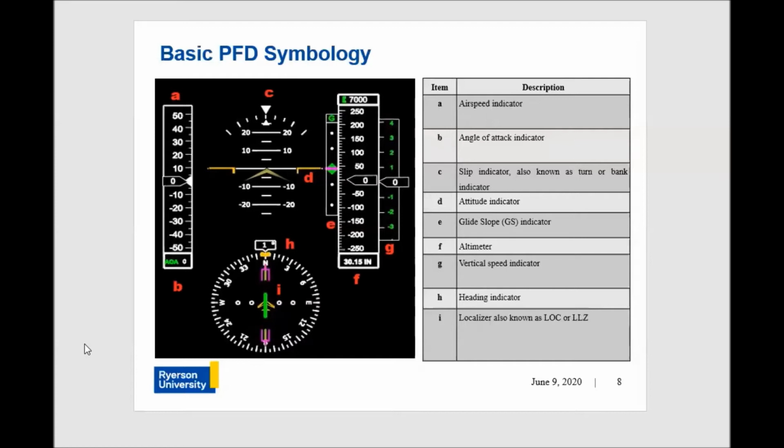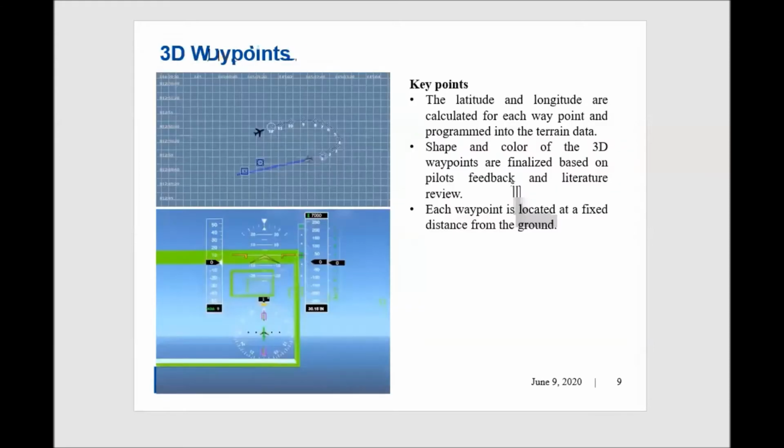And apart from that, this symbology also has an instrument landing system built into it, which would be helpful to the pilot during low visibility conditions or bad meteorological conditions. Adding to the basic primary flight display symbology, a series of three-dimensional waypoints would be added along the flight path to visually guide the pilot throughout the flight phase.